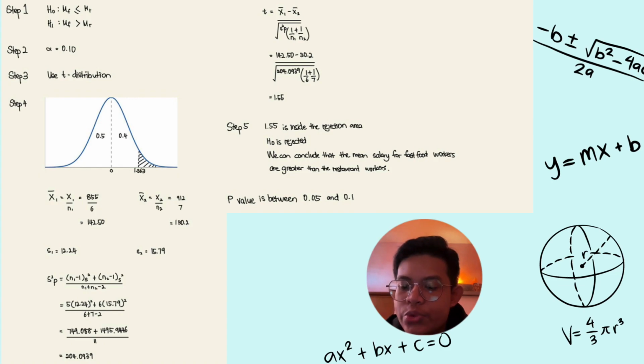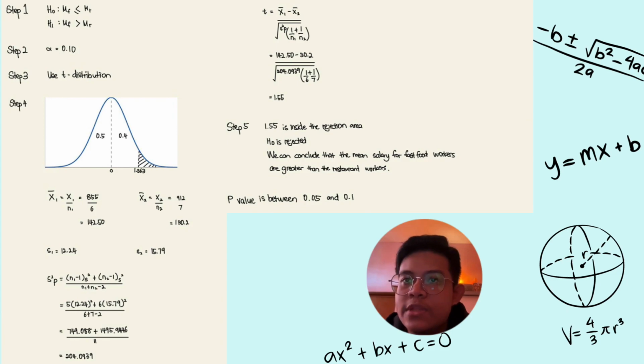So next, we use the formula S squared p equals n1 minus 1 times S1 squared plus n2 minus 1 times S2 squared, divided by n1 plus n2 minus 2. So we get 204.0939.